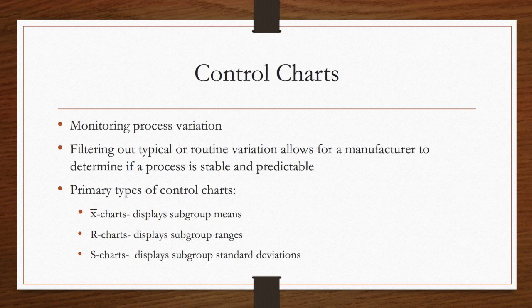This being said, we may be unknowingly out of control looking at the X bar chart. This is possible if a process has a high variance, but all of the points meet in the middle, creating a mean that displays as controlled on the X bar, meaning we would not be aware of the process being out of control unless we analyzed the R chart, seeing as it displays the range.